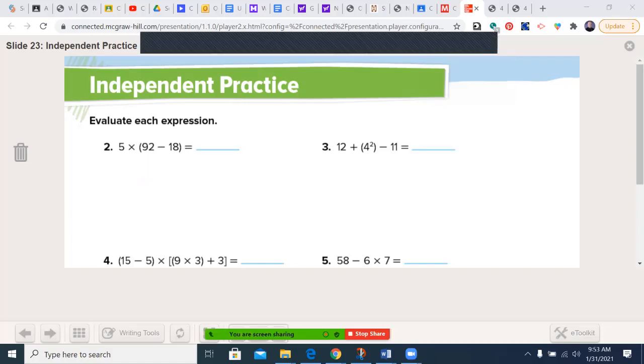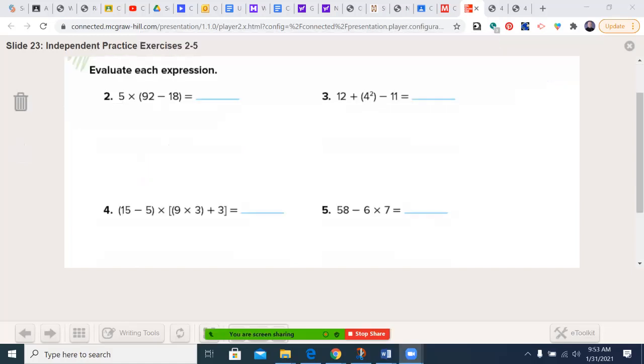I'm going to clear that drawing. Give you about 30 more seconds on number 3.